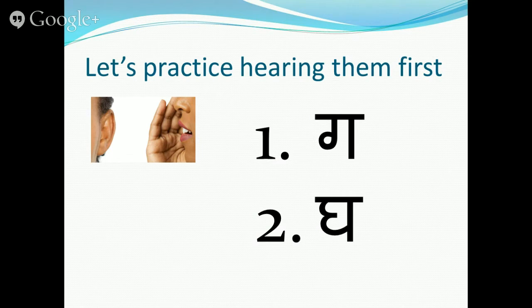Gha. That was number two. Ga. That was number one. Ga. That was number one. Ga. That was number one. Gha. That was number two. Gha. That was number two. Gha. That was number two. Gha. That was number two. Ga.